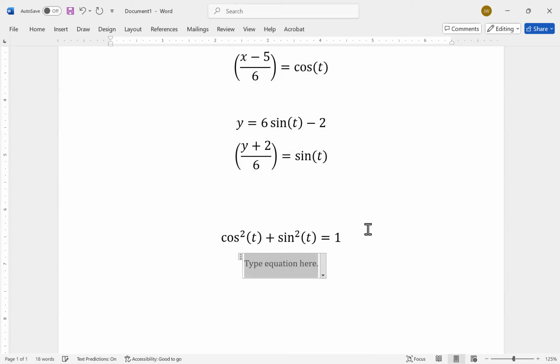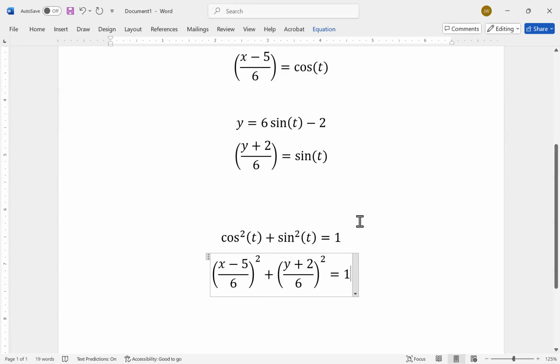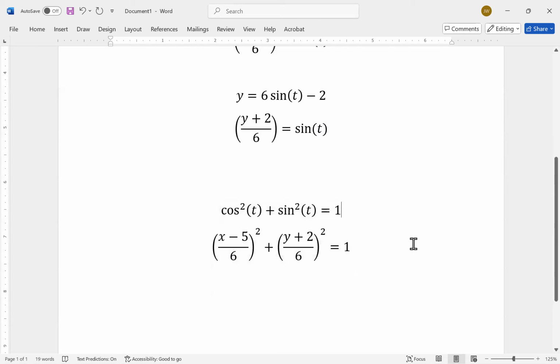When I do that, I will get ((x minus 5) over 6) quantity squared plus ((y plus 2) over 6) quantity squared is equal to 1. This gives me a rectangular equation through the use of this Pythagorean identity.